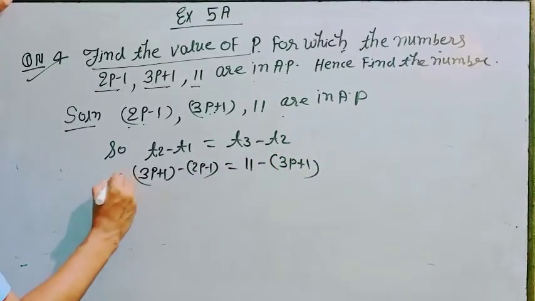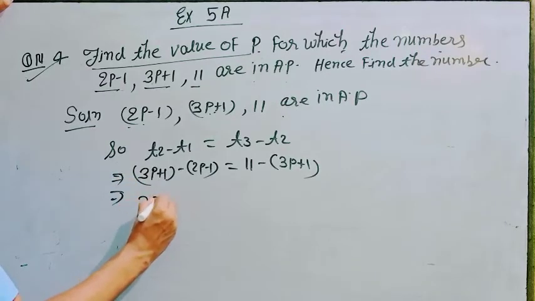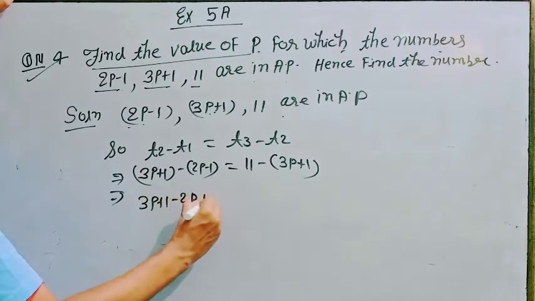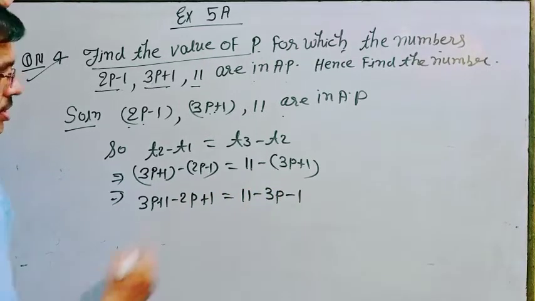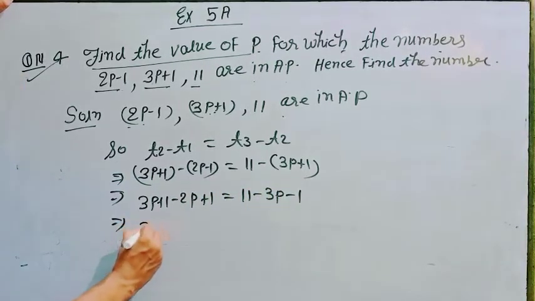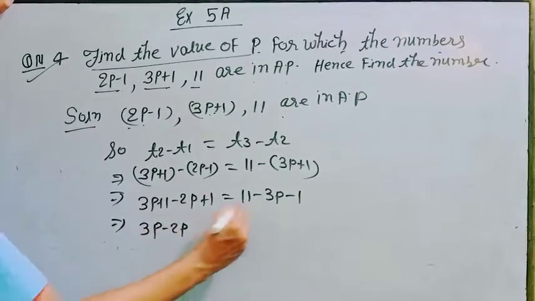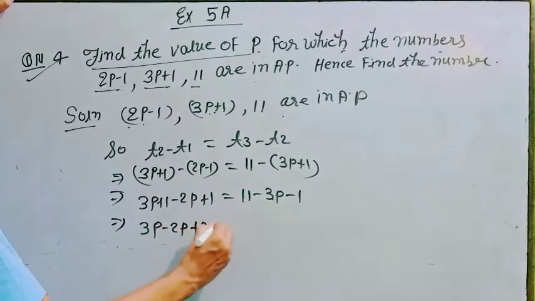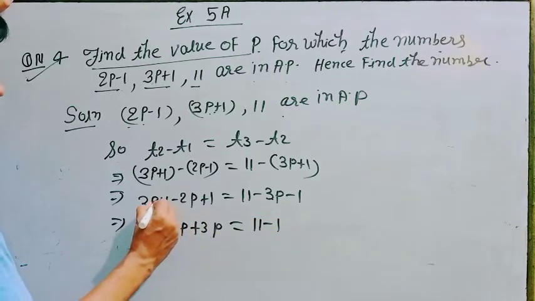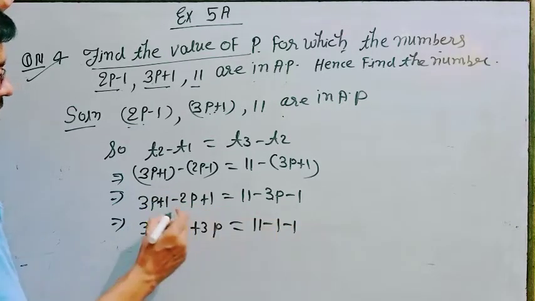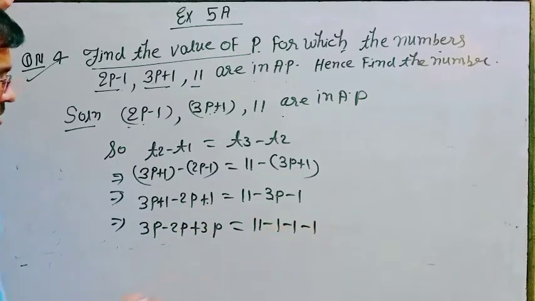What do you get? You get 3p plus 1 minus 2p plus 1 is equal to 11 minus 3p minus 1. Then it is 3p minus 2p and plus 3p on the other side, and 11 minus 1 with the other terms.